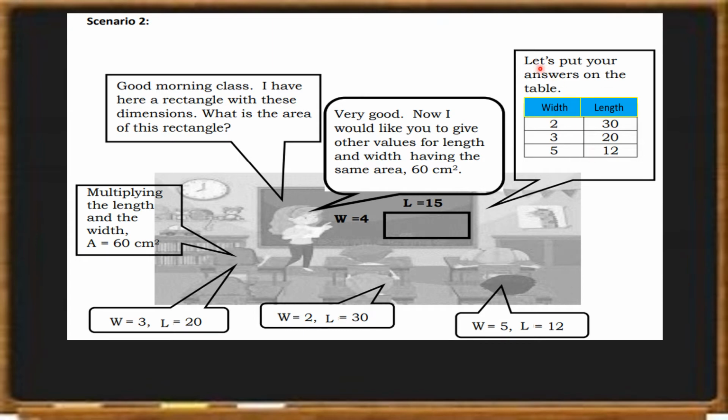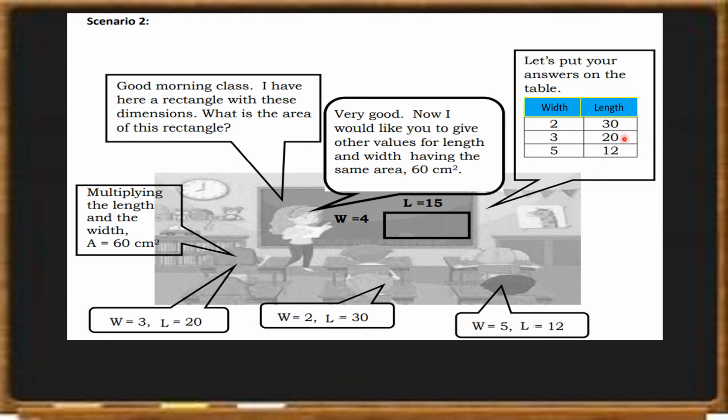Using the table, let's put your answers on the table, said the teacher. Your widths are 2, 3, 5, and your lengths are 30, 20, 12. What do you observe about the values? The width is increasing, 2, 3, 5, while the length is decreasing. One unit is increasing and the other unit is decreasing.